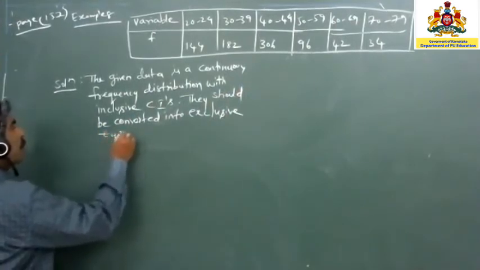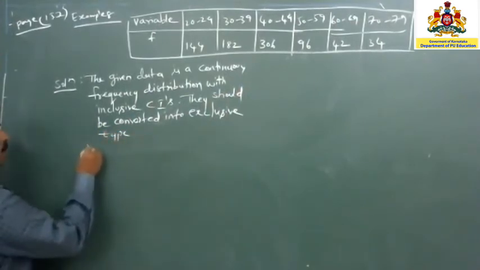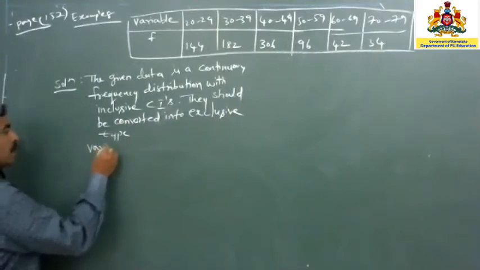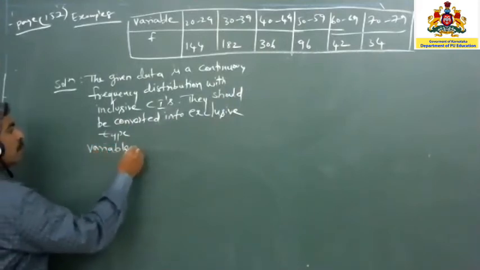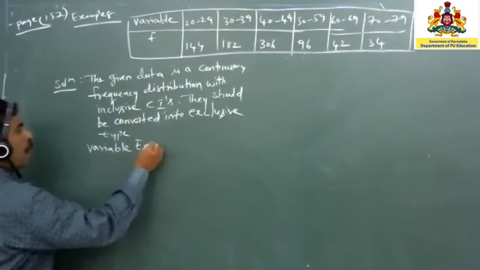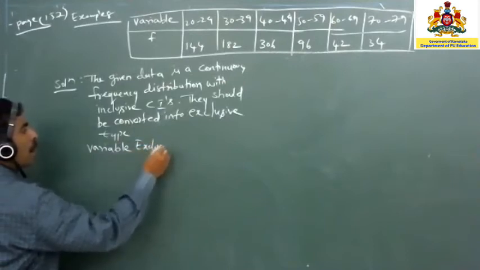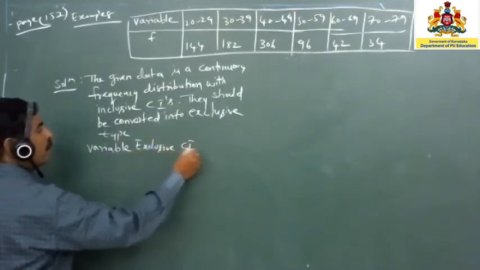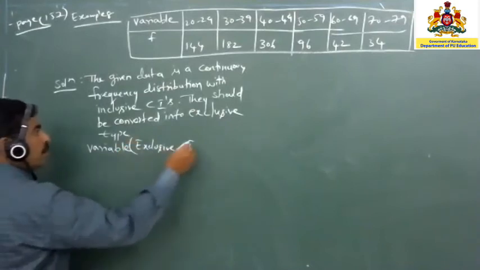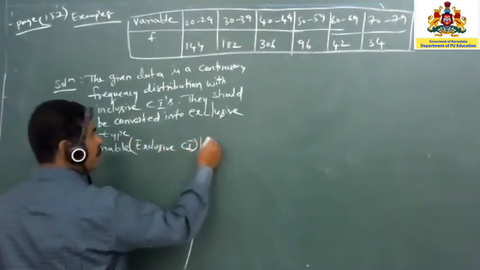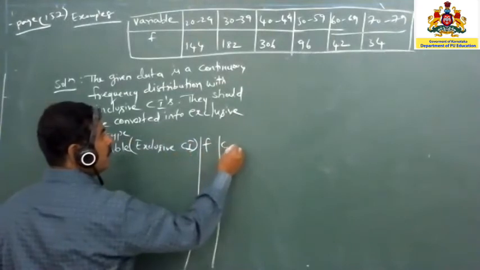Write the exclusive class interval, then f, CF.